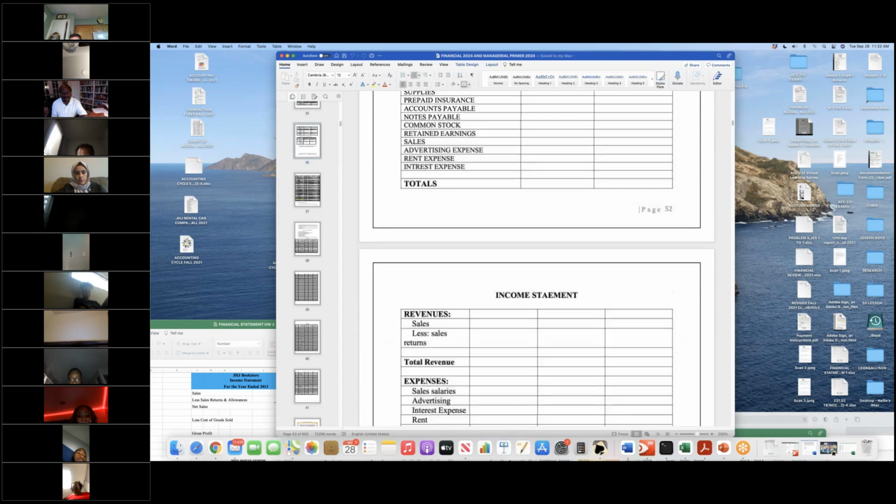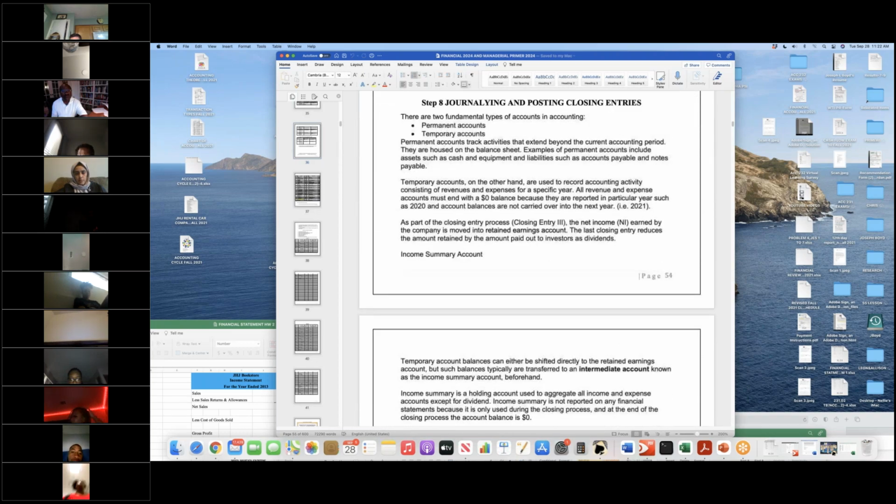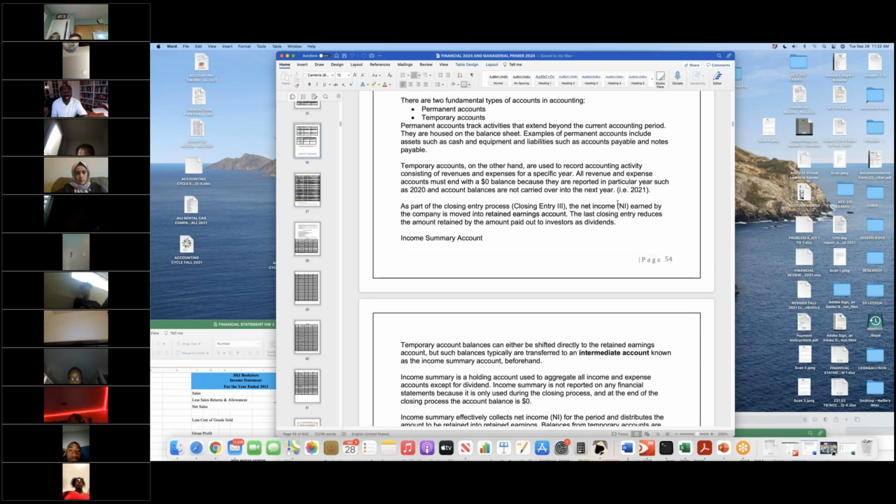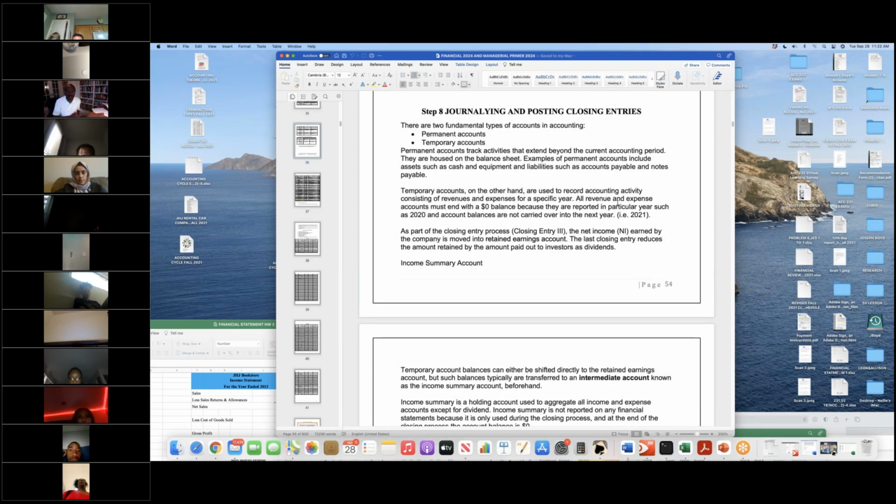Let's see if we can talk about closing entries. What you need to realize is that there are two types of accounts. Permanent accounts, and that spreadsheet has all the permanent accounts above the line.